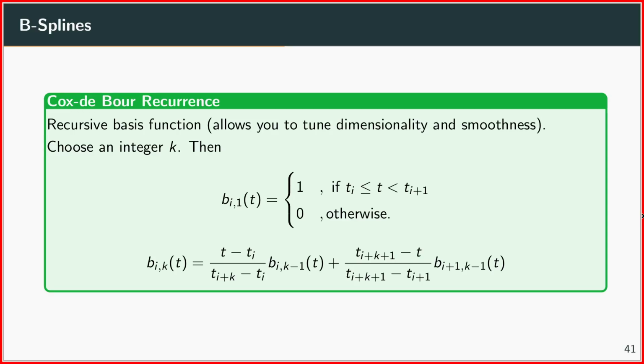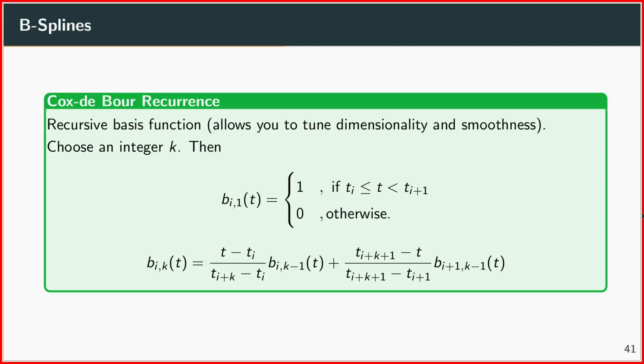It's basically a recursive basis function where you can choose an integer k, and depending on k, you get a certain level of smoothness. For example, if you choose k equal 8, then you get a smooth function of C8. In that way, you can basically tune dimensionality and smoothness.